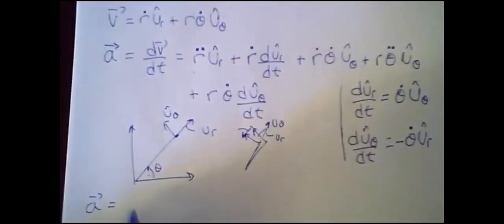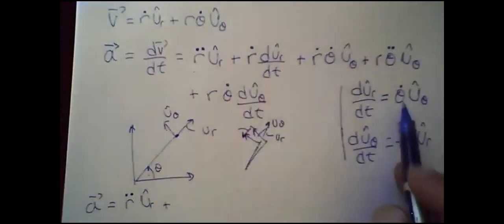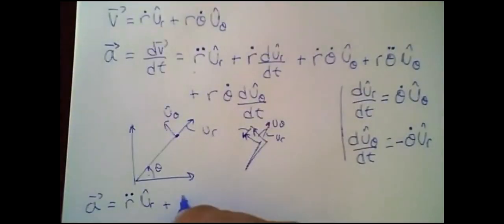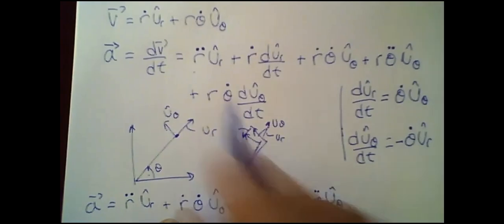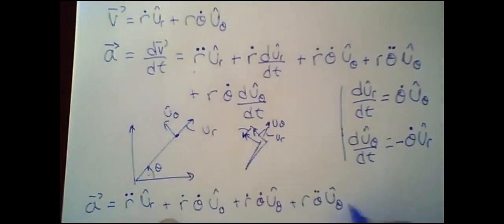So I'm going to rewrite these. I'm going to have R double dot UR plus, what is R prime dUR dt? It's going to be R prime theta prime U theta, plus one more time R prime theta prime U theta, R theta double dot U theta, and then the last thing is going to be minus R theta prime squared UR.